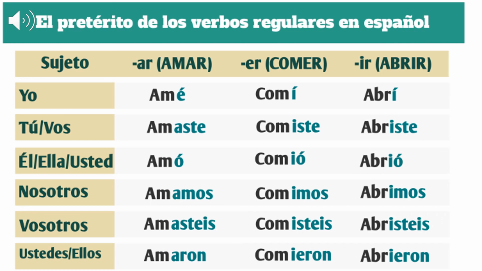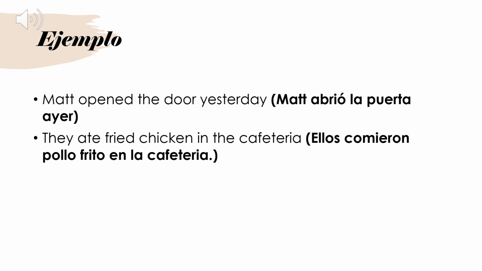So, the AR endings in preterite are: é, aste, ó, amos, asteis, aron. The ER endings are: í, iste, ió, imos, isteis, ieron. The IR endings are the same: í, iste, ió, imos, isteis, ieron. So just simply that. I'm going to show you guys some examples.